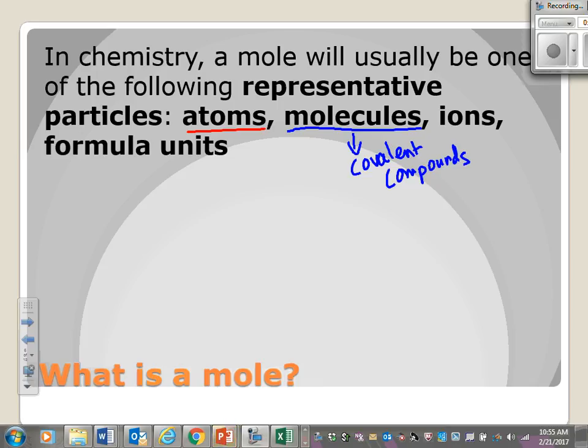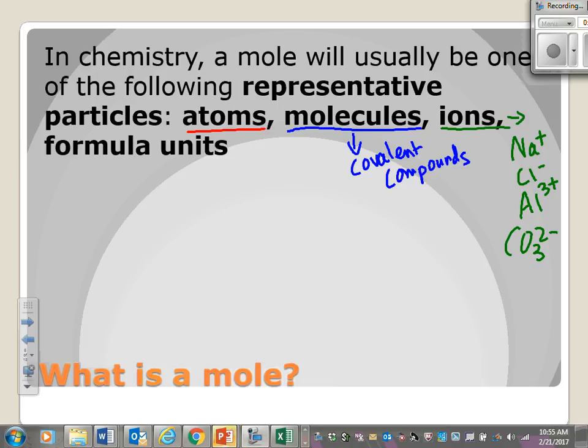Ions are going to be any atoms off the periodic table that have charges, like Na+1, Cl-, Al3+. Okay? Could be CO3-2. What's CO3-2? Remember that ion? What's that ion? Carbonate. Okay?